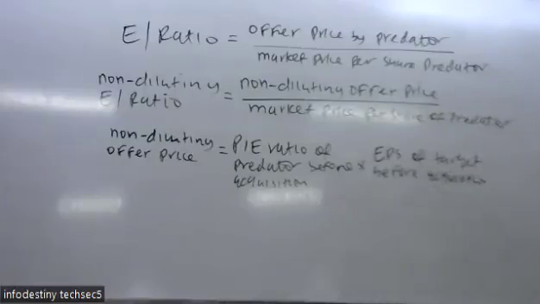And the formula for the price earning ratio is market price per share divided by the earning per share.